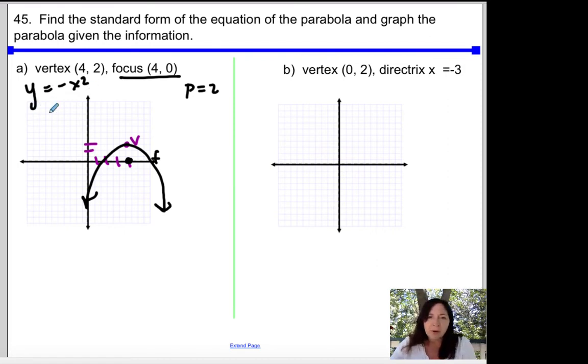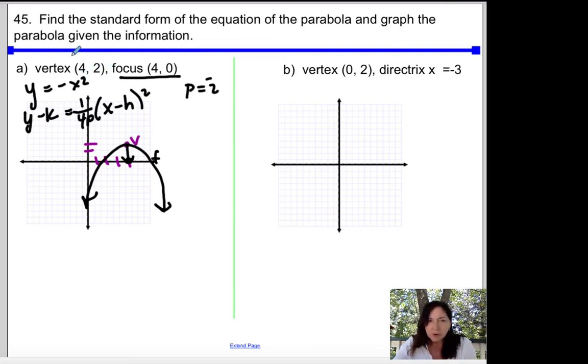So from here, this stems from y minus k is equal to a. Remember, the a is actually 1 over 4p times the quantity (x minus 0), or (x minus h) quantity squared. Because this is dropping down 2, that makes that distance a negative 2. So that means that value is going to be negative.